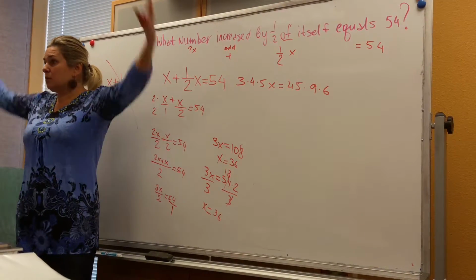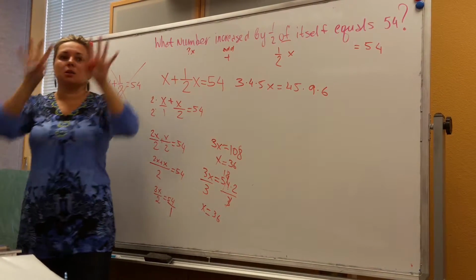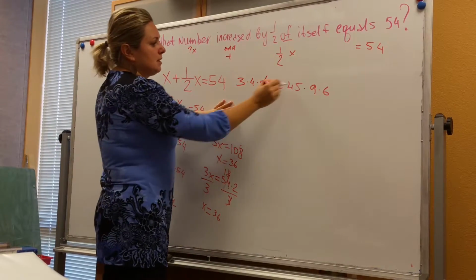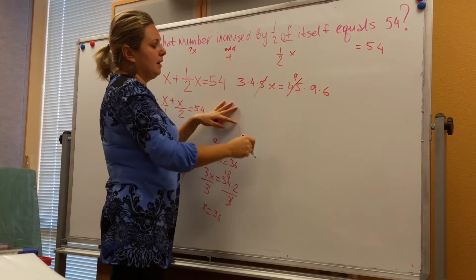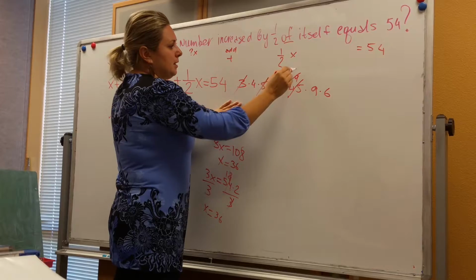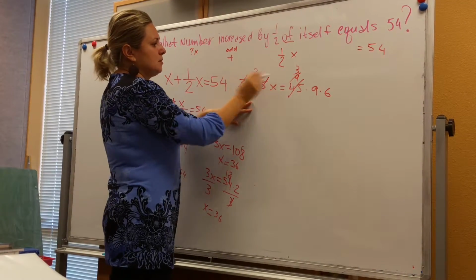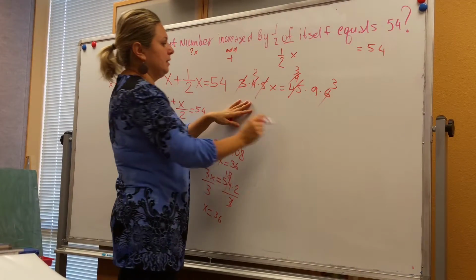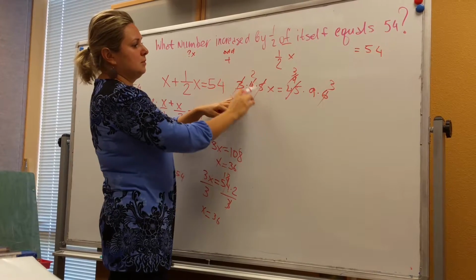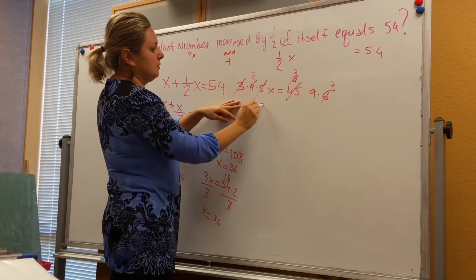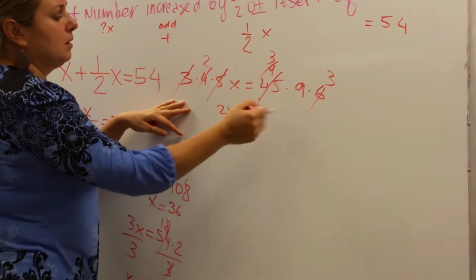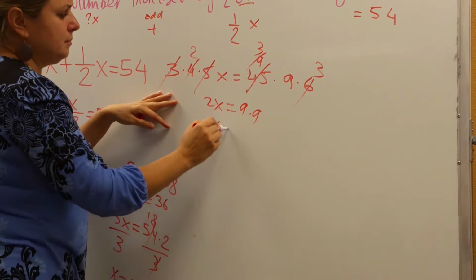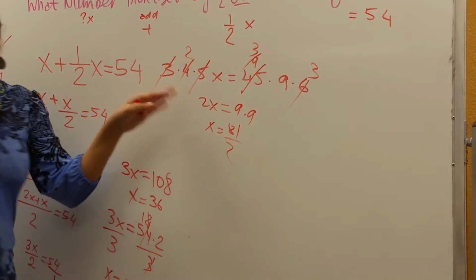Why? Reduce. Like make it smaller like this. You can reduce this and this. It'll become a 9. You can reduce this and this. That's a 3. That's a 2. That's a 3. 2, 2. Okay, you don't have anything. So 2x equals 9 by 9. 81 over 2. Does this make sense?